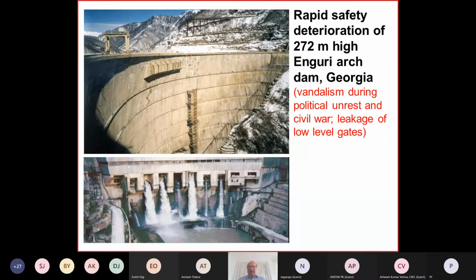Here is something again man-made, rapid safety deterioration. This is again in Georgia, ex-Soviet Union. This is the Inguri Arch Dam, and it was the world's highest arch dam for quite some time. For those who are interested in arch dams, they provided here a so-called peripheral joint. People in Italy call that the Pulvino.